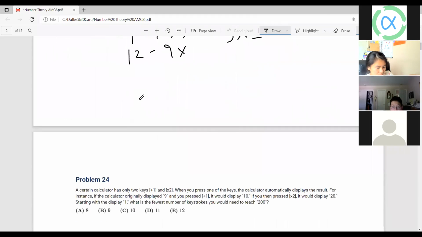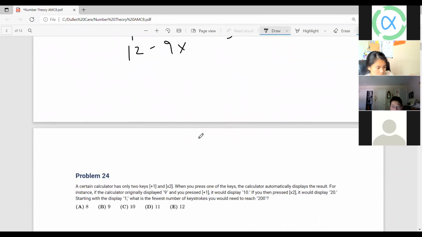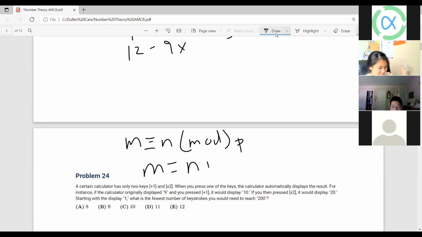So let me actually just briefly explain what mods are. If we have some number m is equivalent to n mod p, mod p, not MDP, then this essentially means that m is equal to n plus p times some number q.